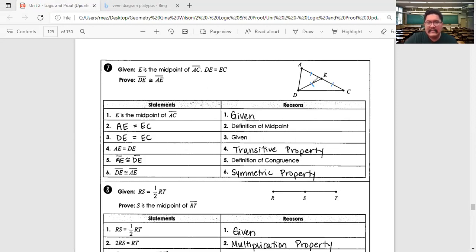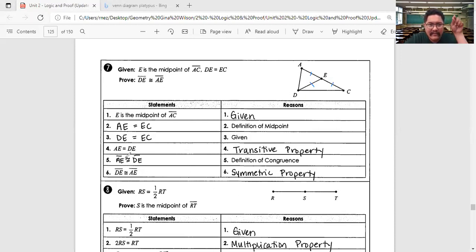DE and EC is also a given. DE, EC. That was one of the other givens that they gave us. Just use transitive property. AE, oopsie, AE and DE would be the same. You have the little marks on top, so just take those off, switch sides, and you got symmetric property.